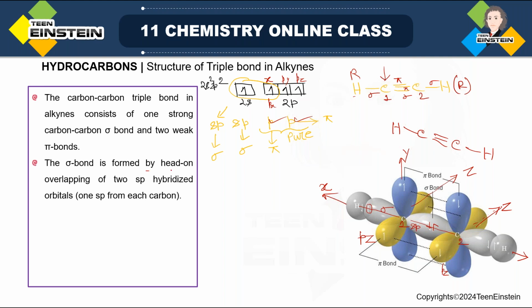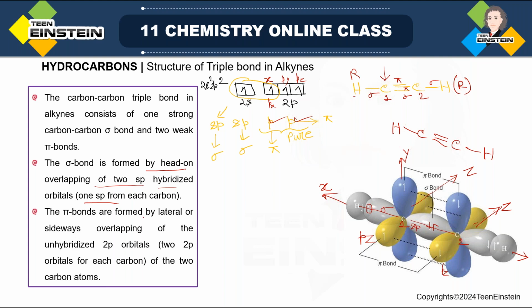Now the sigma bond is formed as I have said just now. You can see it is mentioned here: by head-on overlap of 2 sp hybridized orbitals, and 1 sp is coming from each carbon, carbon 1 and carbon 2. And the pi bonds are formed by lateral or sidewise overlap of the unhybridized 2p orbitals, or pure p orbitals, and 2 2p orbitals from each carbon will come.